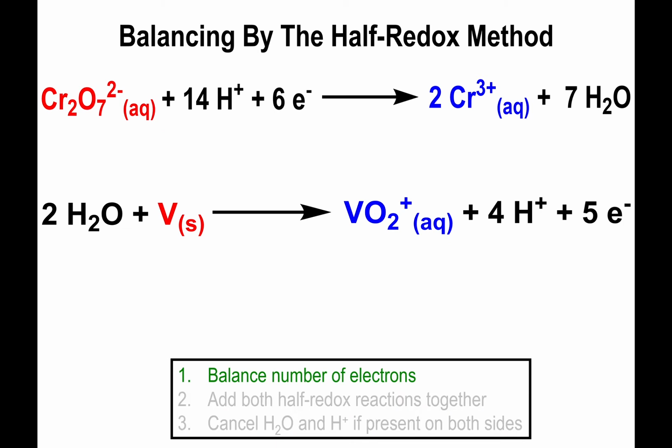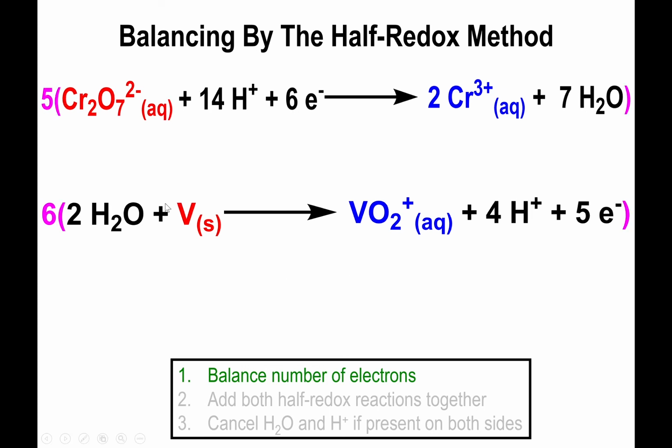So here we go. Let me clean this up a little bit. We have 6 electrons on top, we have 5 electrons on the bottom. We need to multiply the entire top equation by 5. And also, we need to multiply the entire bottom equation by 6 in order to balance the electrons.